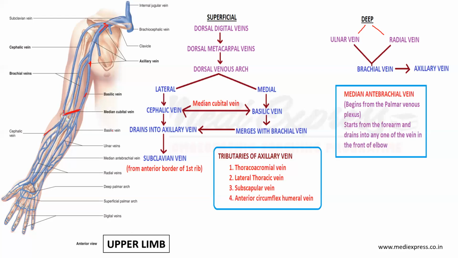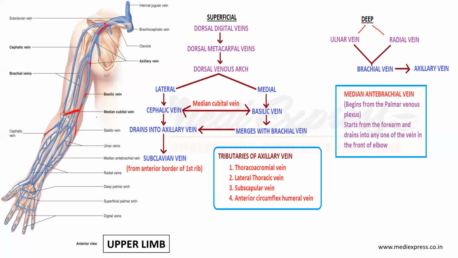Talking about the basilic vein, the dorsal venous arch goes into the medial part, and it drains as the basilic vein. The basilic vein and the cephalic vein are interconnected with the help of the median cubital vein. After that, again the same: the basilic vein drains into the axillary vein, and the axillary vein into the subclavian vein.